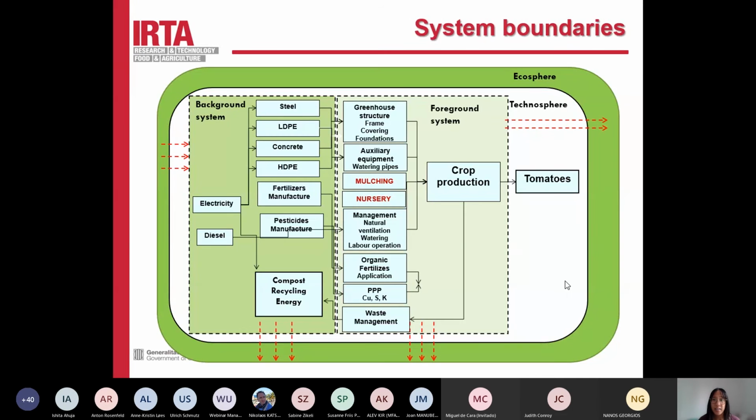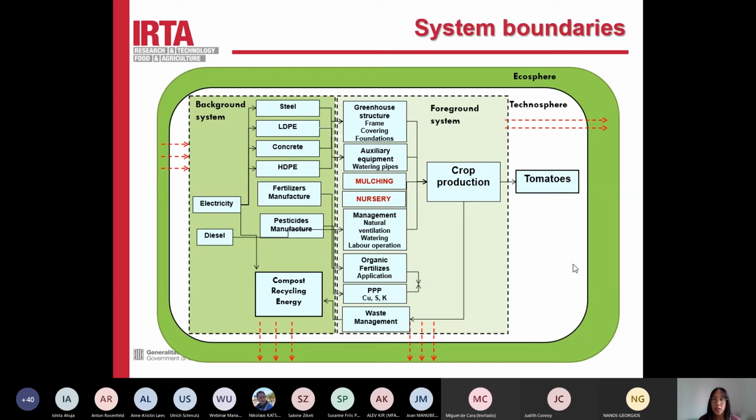So LCA is a system-based approach, looking at all the upstream and downstream effects of a product throughout its lifetime or for a specified amount of time. In this case, it would be the cropping year of the tomato. So here we have what's called the system boundary of all the processes that we are going to assess in tomato production.